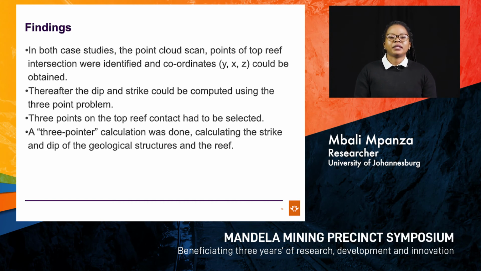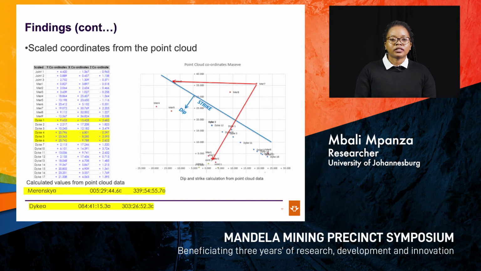You can also pick up the coordinates from the point cloud data of the dike structure or the fault structure that was mapped. With this information, you can use a 3-point problem to calculate the strike and the dip of your reef, and compare these with the actual manual mapping. That's what we did in the two case studies.